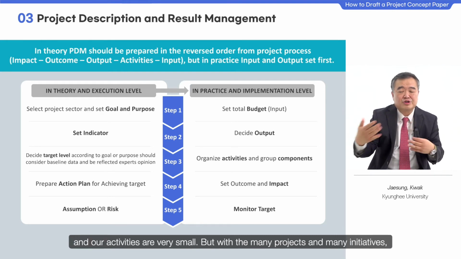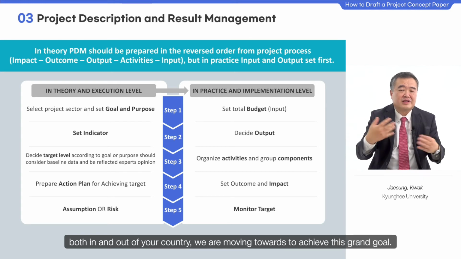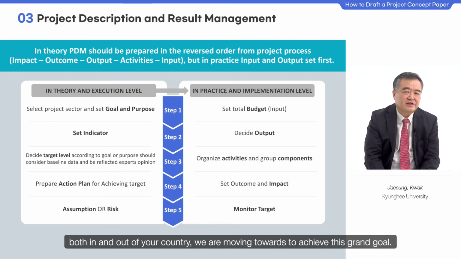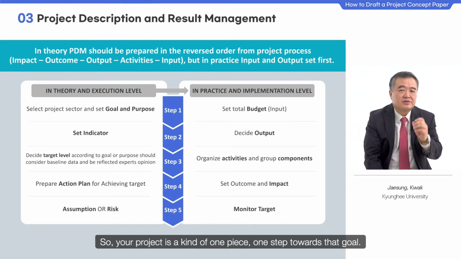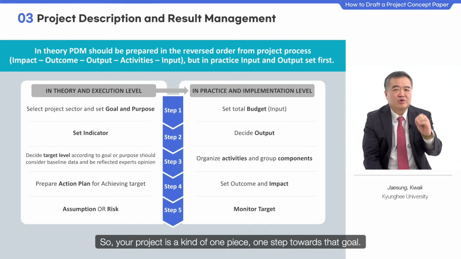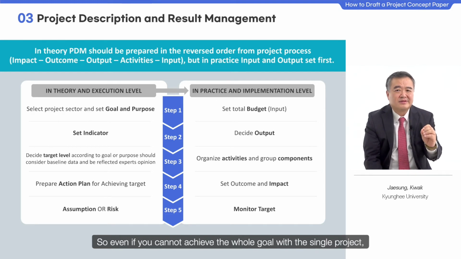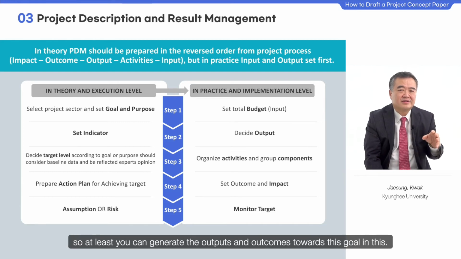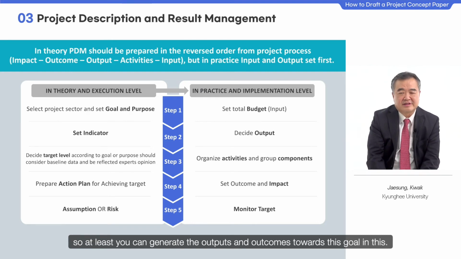But with many projects and many initiatives, both in and out of your country, we are moving towards this grand goal. So your project is one piece, one step towards that goal. So even if you cannot achieve the whole goal with this single project, at least you can generate the outputs and outcomes towards this goal.